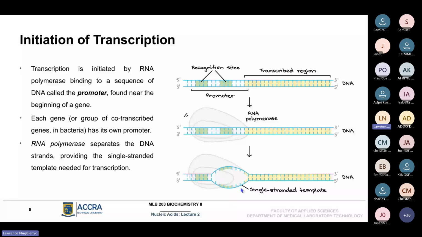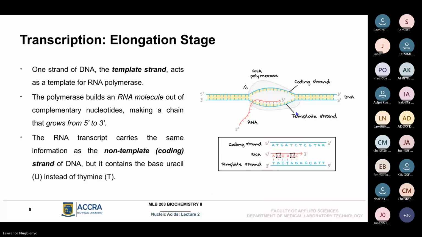Now, when that happens, you now see that there is that synthesis of the RNA molecule. So the messenger RNA is now being transcribed. Again, you see, from the 5' end to the 3' end. So that process goes on.